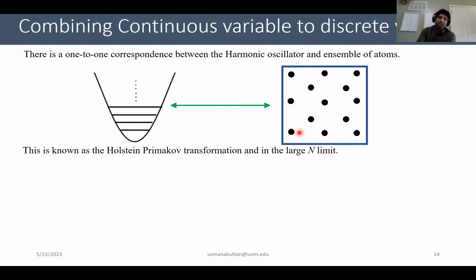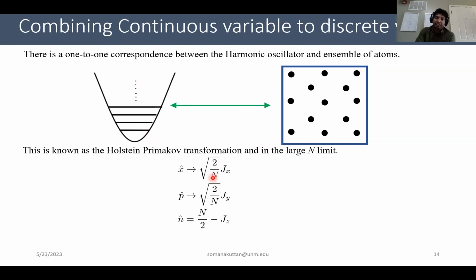The analog is known as the Holstein-Primakoff transformation, a well-known transformation that has been applied to metrology. It works in the large n limit, though n need not be very extremely large. In that limit we can define the position, momentum, and number operators of the harmonic oscillator, which are the standard operators for the harmonic oscillator.